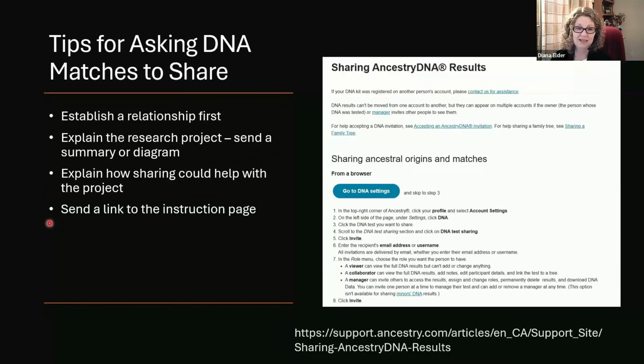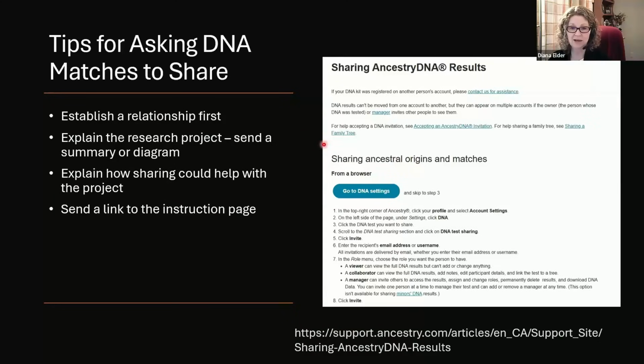And then I always like to send a link to the specific instruction page. This is coming from Ancestry, so they can see this is legitimate. This isn't you just trying to look at their DNA. And if you've done all these previous steps, chances are that they will be likely to help you out. And you can just look at their matches as a viewer.